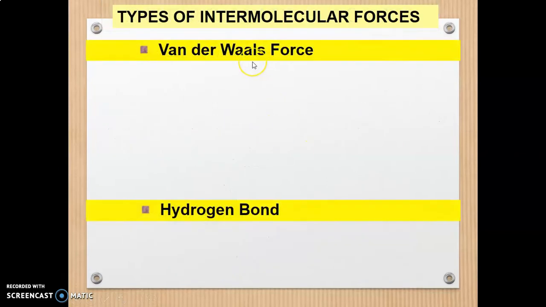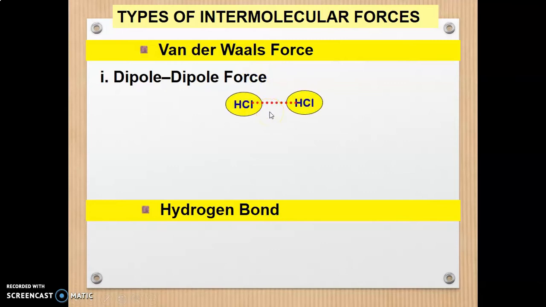So there are two types of intermolecular force. The first one is van der Waals forces. The second one is hydrogen bond. There are two types of force in van der Waals forces. The first one is dipole forces, for example hydrogen chloride, between polar molecules.